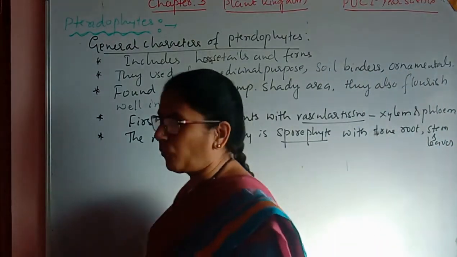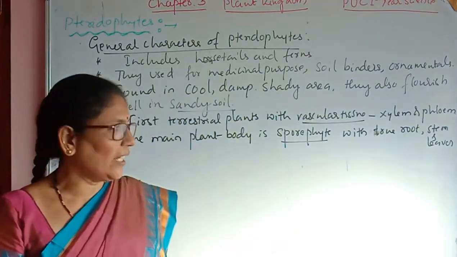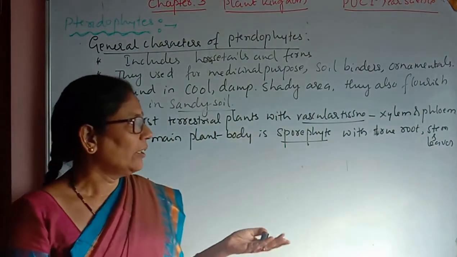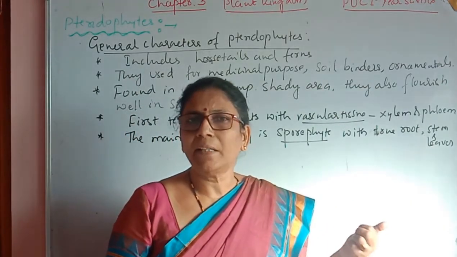So the main plant body or dominant phase of the pteridophyte life cycle is sporophyte, and this sporophyte bears well developed or true root, stem and leaves.